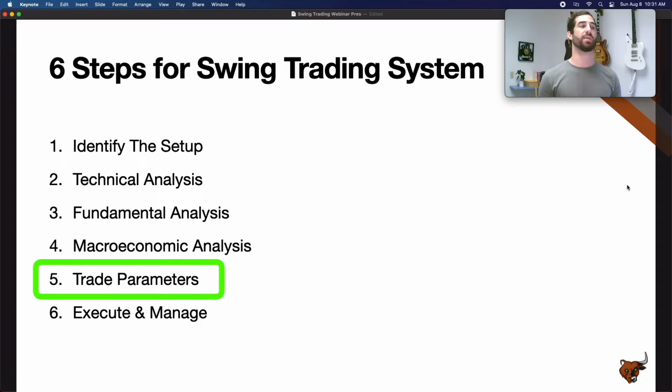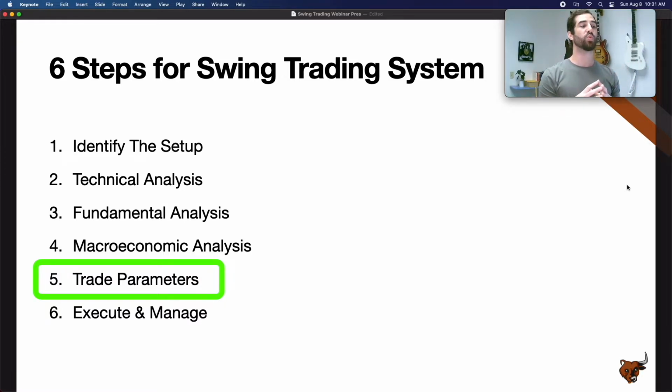So let's now go into the meat and bones of the strategy. We've built up the skeleton and the structure, and now we're going to go into the trade parameters.